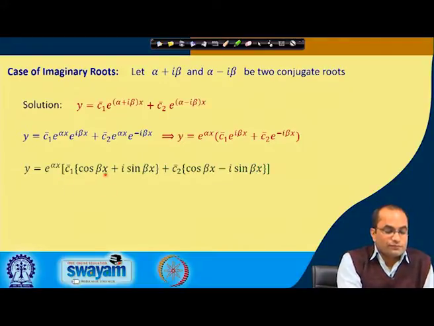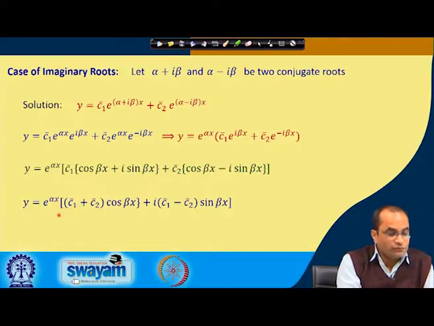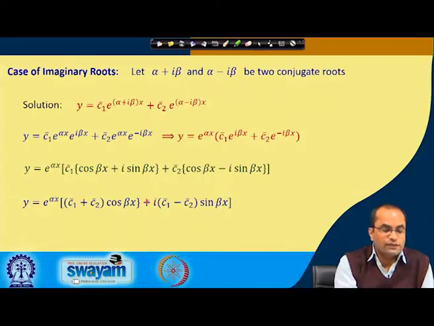So, now y is equal to e power alpha x, the same, and here we have cos beta x, and here also cos beta x. So, these constants C 1 and C 2 bar, we have combined, and with the sin beta x also we have the i term with C 1 bar minus C 2 bar.